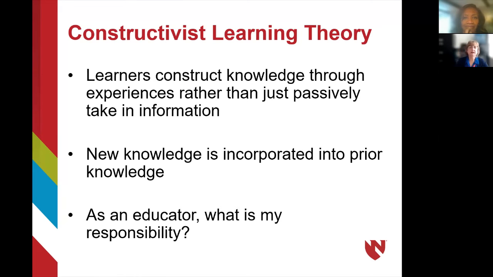So if you are a constructivist, you believe that learners construct knowledge through their experiences rather than just passively taking in information, and that new knowledge is incorporated into prior knowledge. So as an instructor, if I believe that, what is my responsibility as an educator?